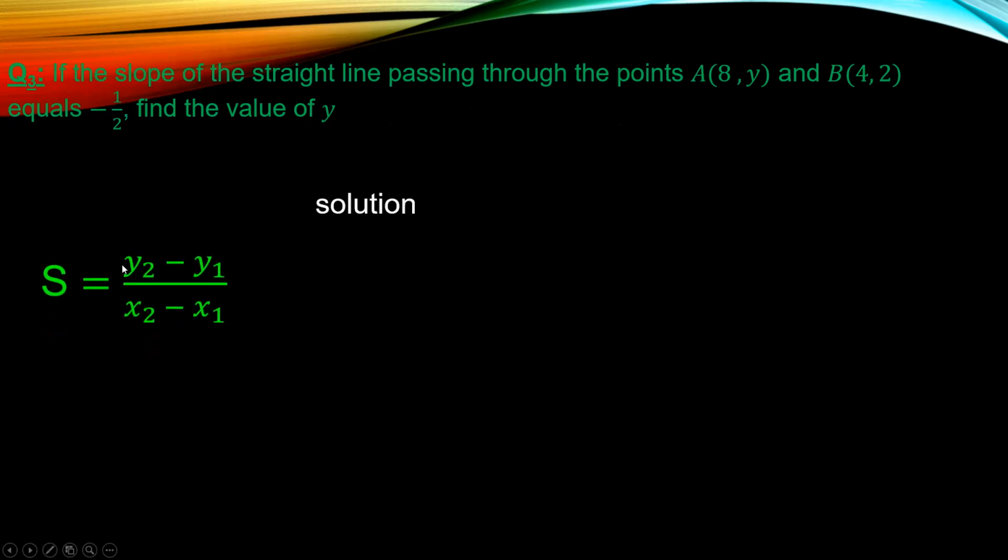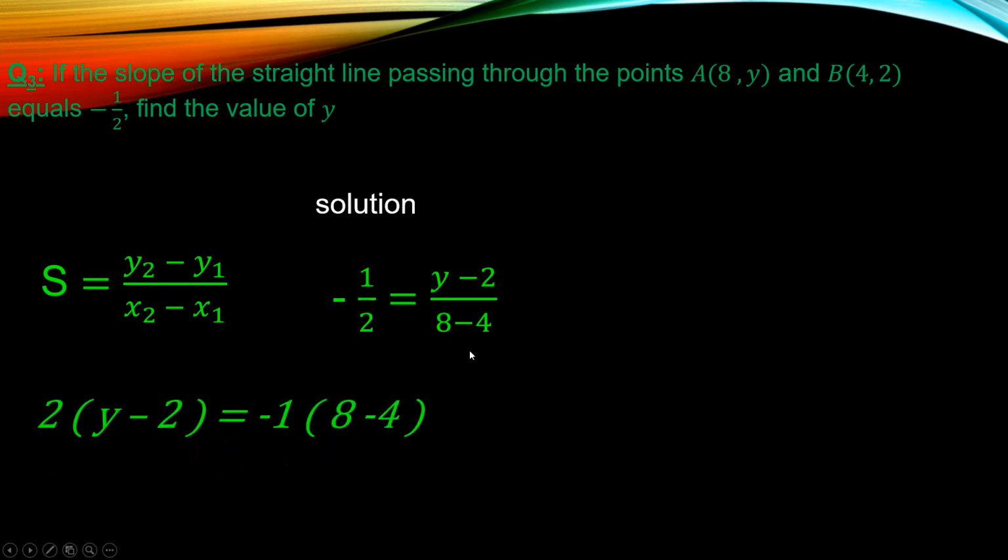Here the slope is (y2 minus y1) over (x2 minus x1), and I have the value of the slope, so I will substitute it. It will be -half equals (y minus 2) over (8 minus 4).